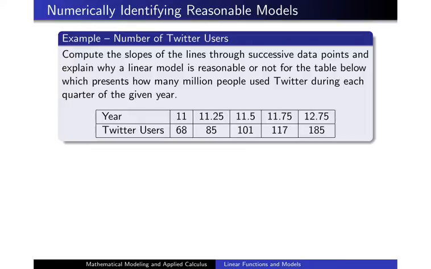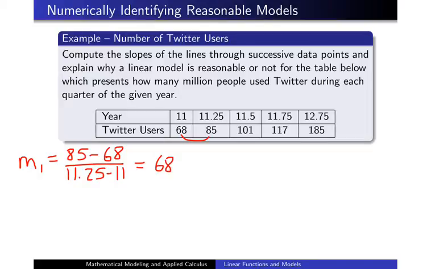So let's look at our example of the number of Twitter users and decide if a linear model is in fact reasonable for this data set. We calculate the first slope, m1, by subtracting the first 2 output values, 85 minus 68, and dividing by the difference of the input values, 11.25 minus 11. Plugging this into our calculator, we get a slope of 68.